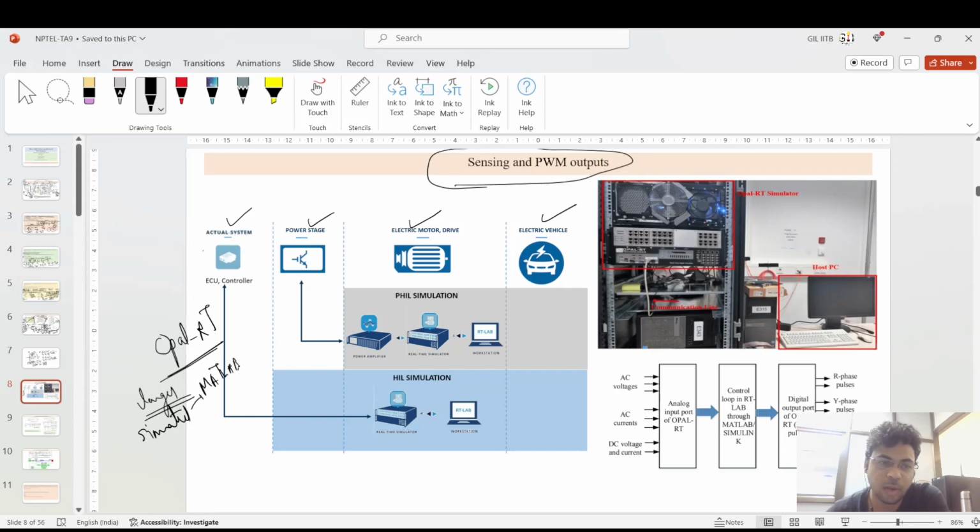So you always simulate that in a certain simulator such as MATLAB or other software, and then you try to match it with the real-time environment using the real-time simulator, that is OPAL-RT, and try to see the changes in the physical system.